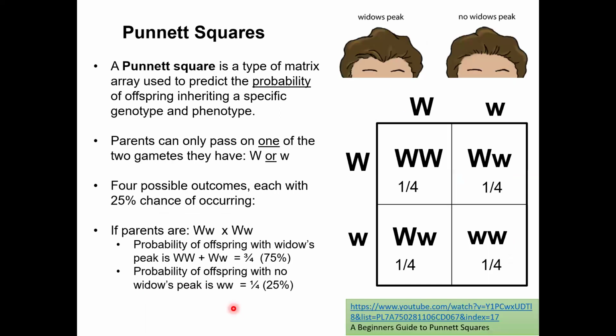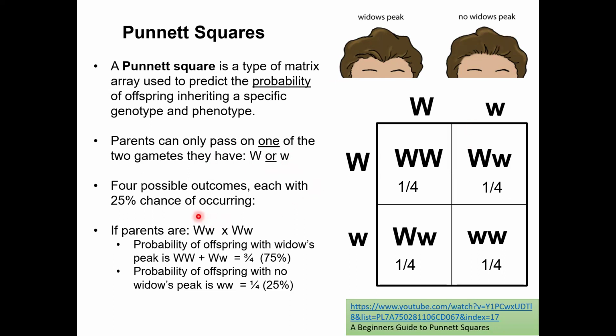So now to predict the probability of offspring inheriting a specific genotype or phenotype, there is a matrix that we all love to use, and it's called a Punnett square. For one gene, the parents can only pass on one of the two gametes that they have, so either big W or little w in the case of widow's peaks.